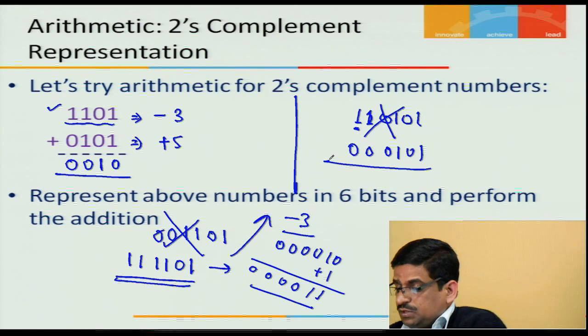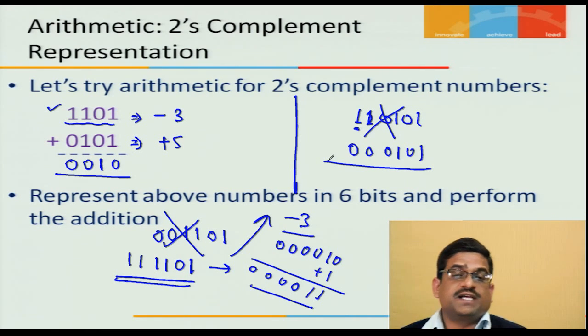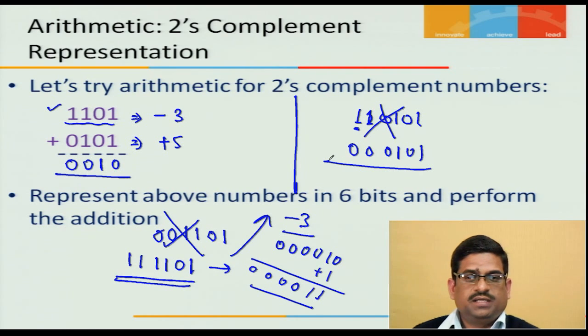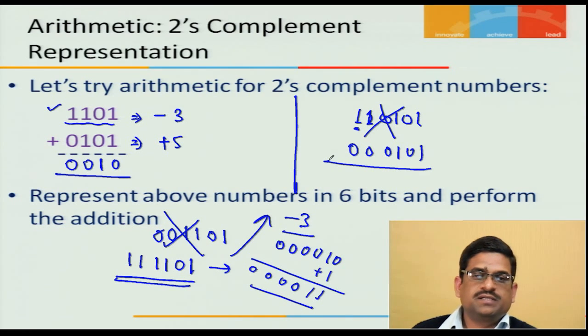So what is the conclusion? If you extend the sign bit of the number, then the value of the number will not change. This particular thing is called sign extension. If I have to represent a number with some x number of bits, I have to extend the sign bit, not 0, not 1.